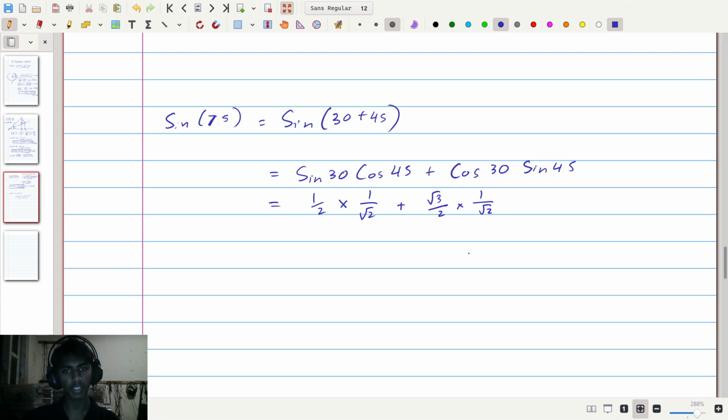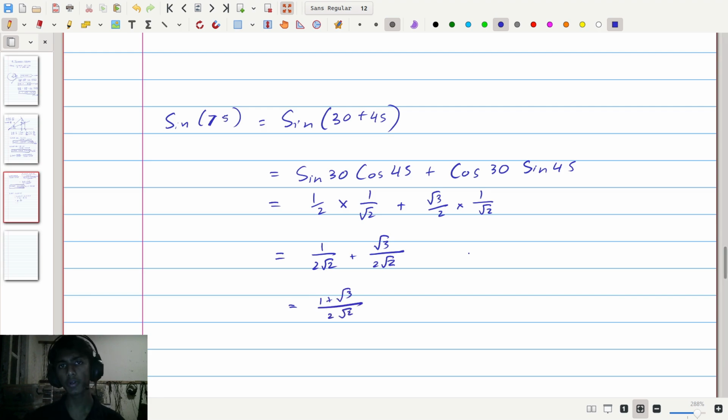I'm sorry, I believe I said cosine of 30 when I was talking about cosine of 45. Cosine of 45 is 1 over root 2. So now solving this, we can get that the sine of 75 is 1 divided by 2 root 2 plus root 3 divided by 2 root 2, which is 1 plus root 3 divided by 2 root 2.